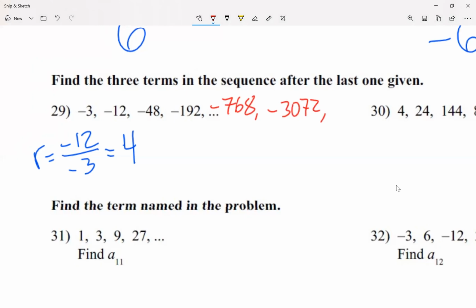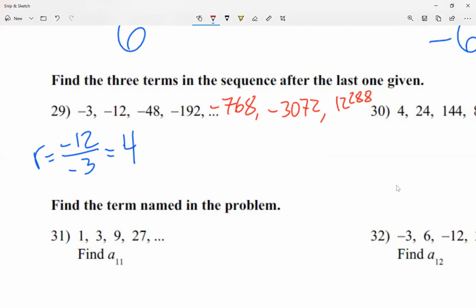For the third number, I multiply this by 4, and it gives me negative 12,288. Because I'm multiplying, the numbers get big. So don't think that a number is too big. Look, I have 12,288. It's just a big number, but they get big because I'm multiplying.